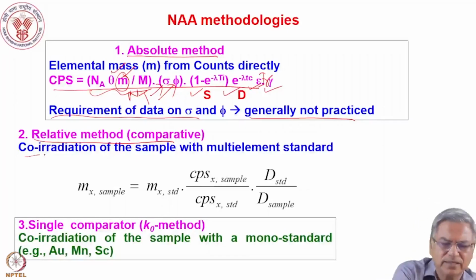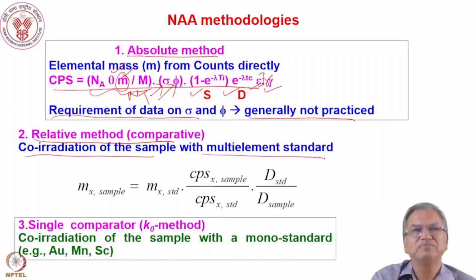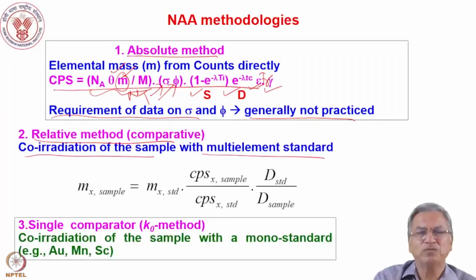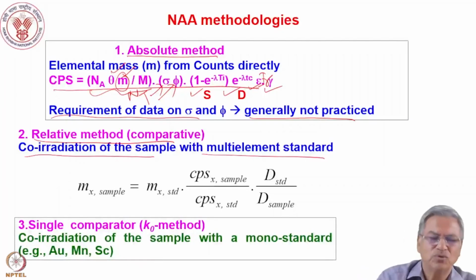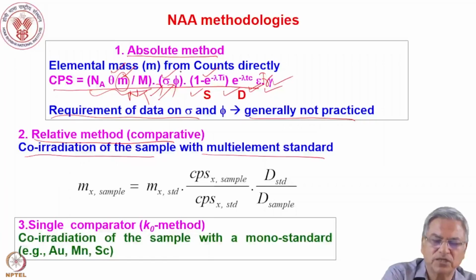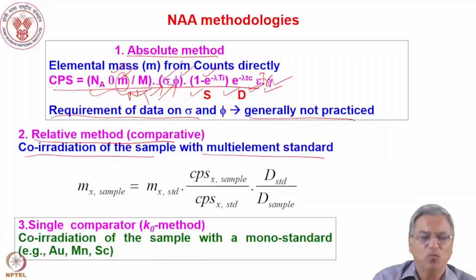You irradiate the sample and the standard together, so the irradiation time is the same. You are determining the gamma ray of the same isotope, so the saturation factor is the same. Detection efficiency, gamma ray intensity, cross section, flux are all the same. What is different is the M.